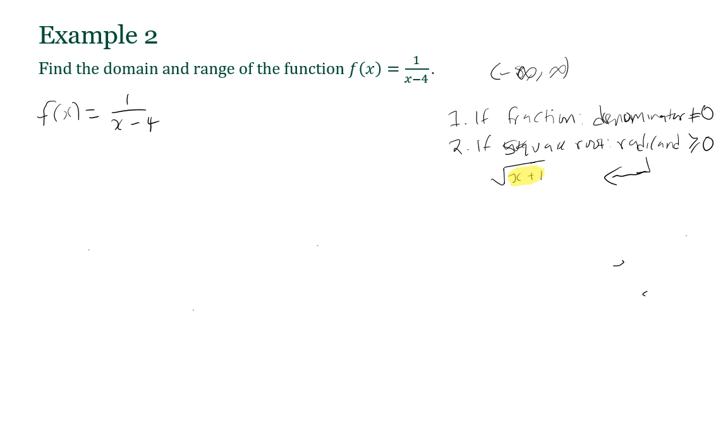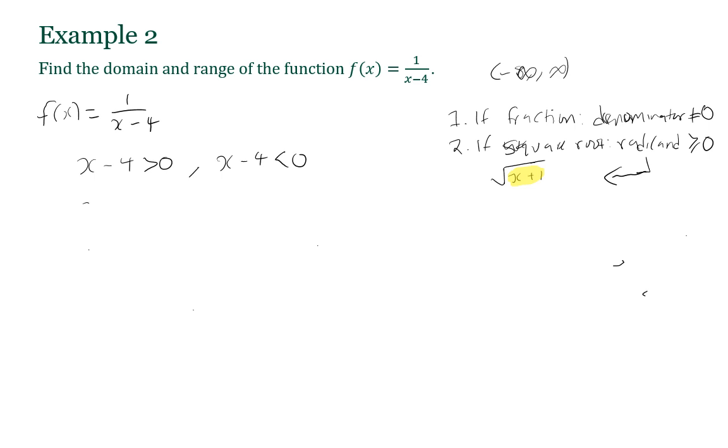So we want x minus 4, which is our denominator, to not be equal to 0, since it's a fraction. So if it's not equal to 0, then x minus 4 should be greater than 0, or x minus 4 should be less than 0.